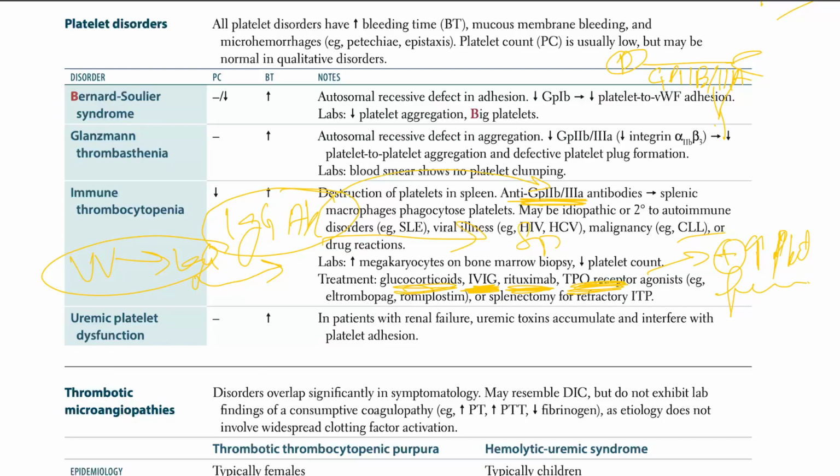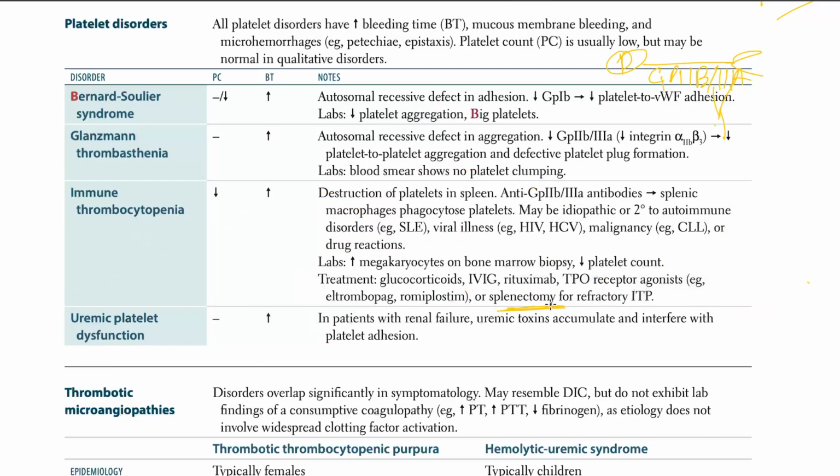And the drugs are eltrombopag, romiplostim, or you could just take out the spleen. If nothing is working for refractory case of ITP, take out the spleen, and you may live. That's for the ITP.